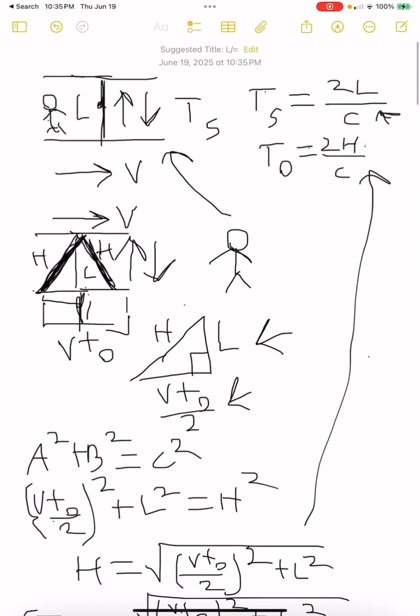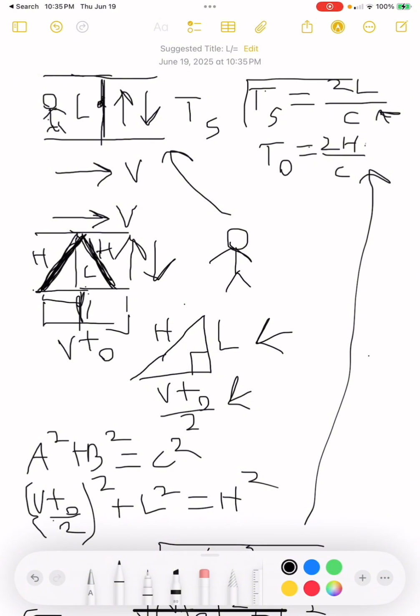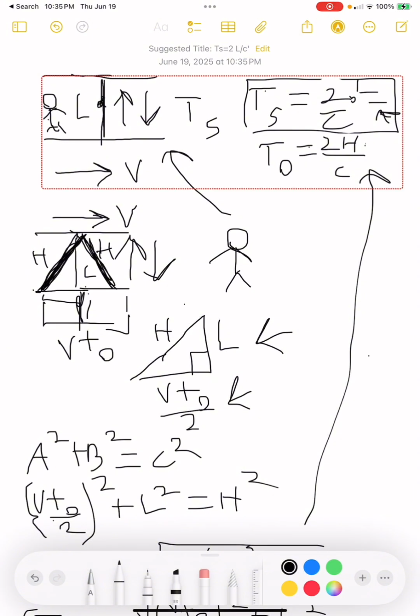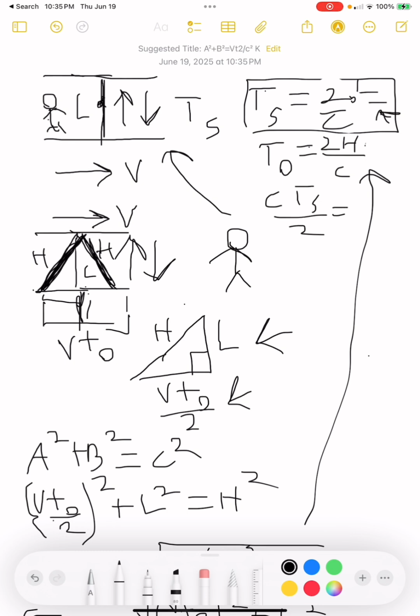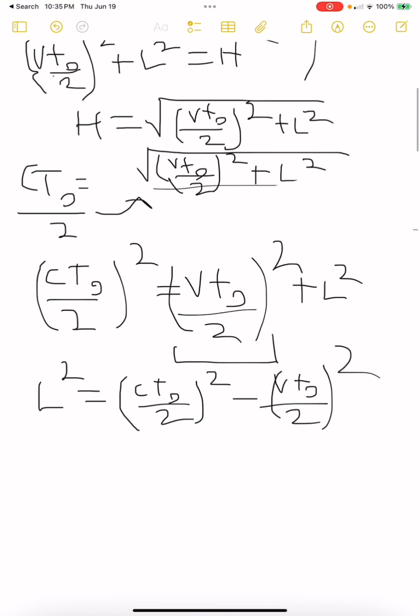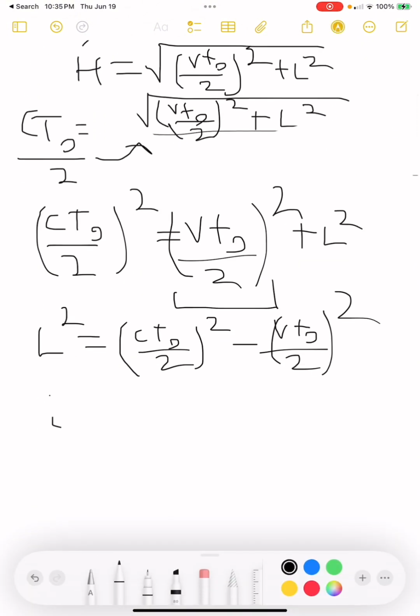Now, using this equation right here, we can isolate L. Again, because this is just multiplying by 2 over c, we can multiply it by c over 2 to get that c t of s over 2 is L. So we can plug that right in here.